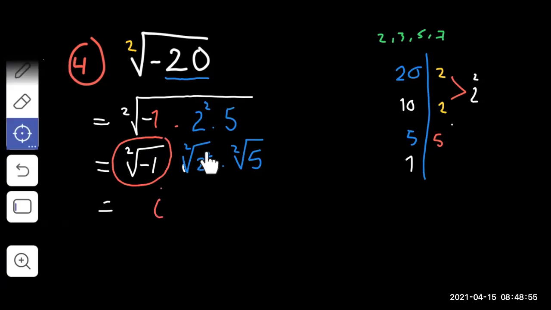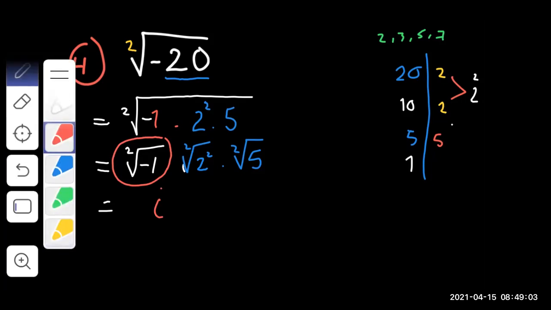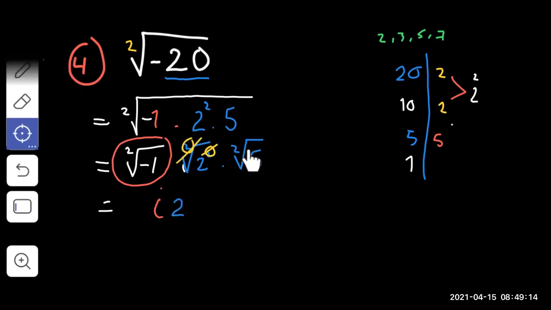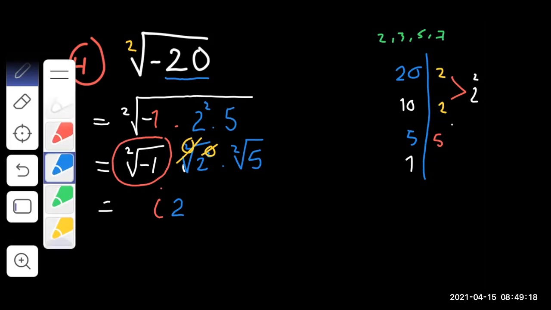And what is the square root of 2 squared? What can we do when we have the same exponent and the same index? We can cancel, and we're going to get only 2. And what is the square root of 5? This is a decimal; the index is 2 and the exponent is 1. They're different, so we can't cancel. We leave it like that, square root of 5. And this is the answer.